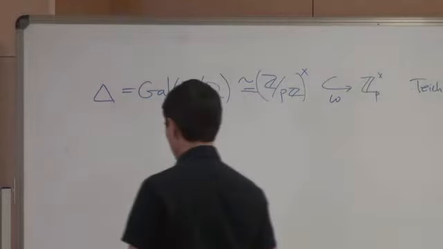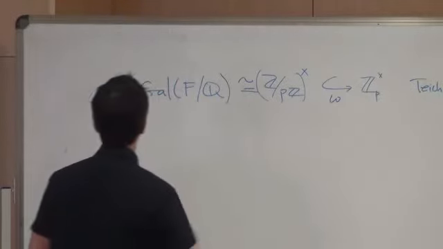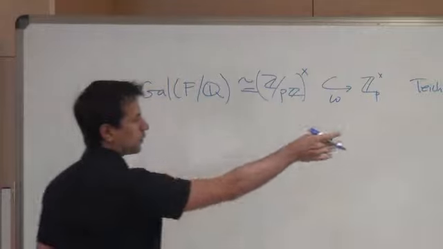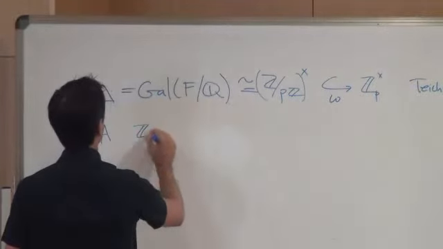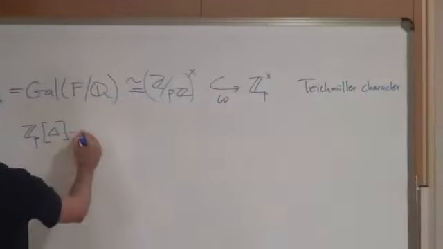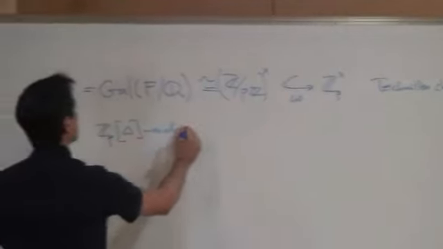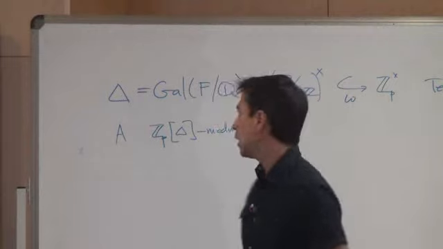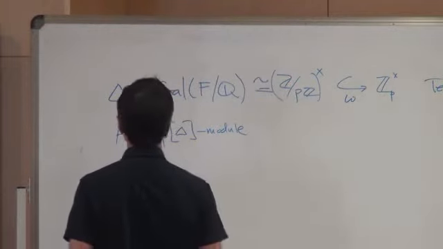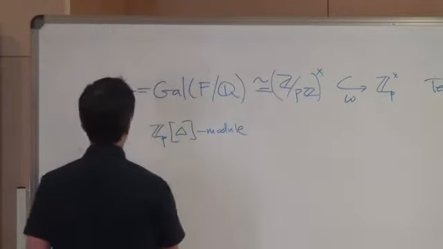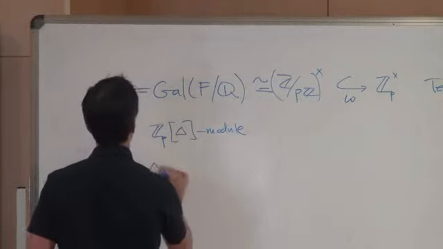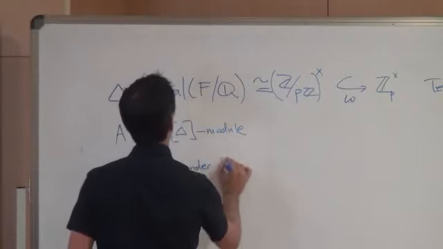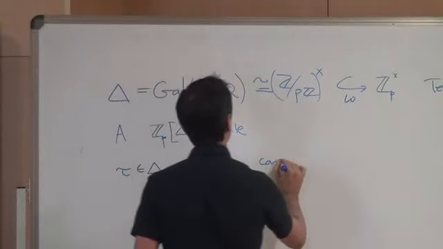Okay. And right, so we can have two decompositions. If I have an A, which I have three of them over there, which are Z_p[Delta]-modules, then I can consider two different decompositions of this Z_p[Delta]-module. The first is, let's say that tau in Delta is of order 2, so it's complex conjugation, if you like.